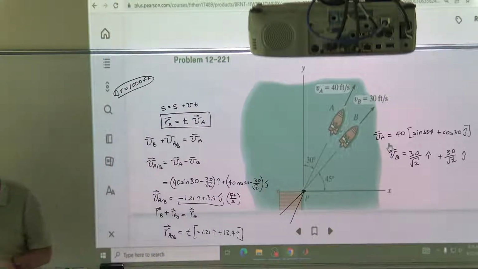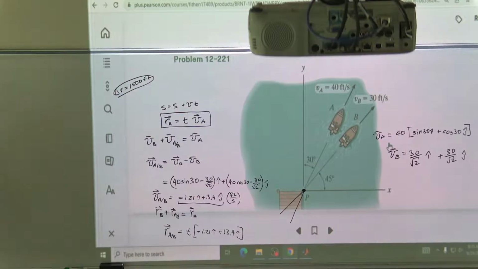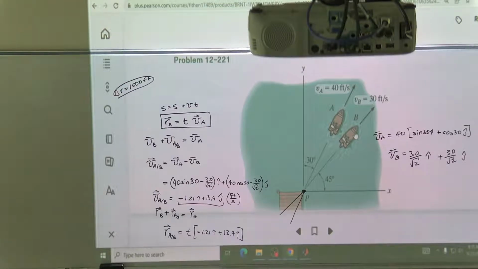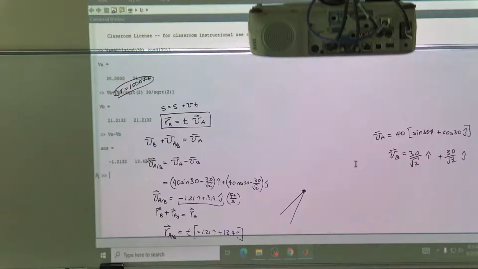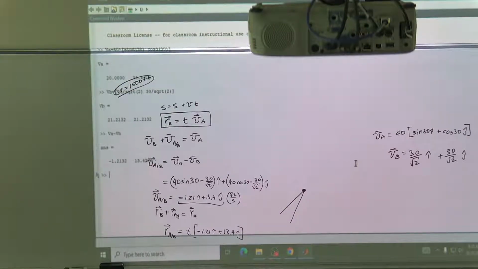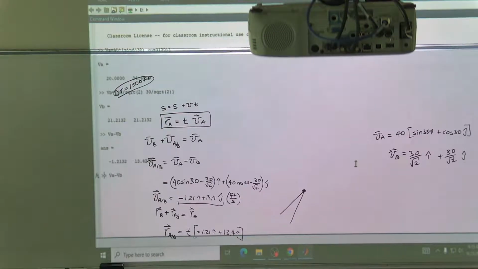So the way I'll do it is I'll go back to MATLAB and find the velocity, the way I've got it, A, and I can't put a divide by symbol, so I'll do that.